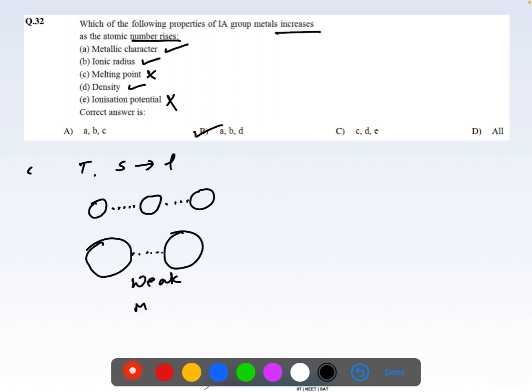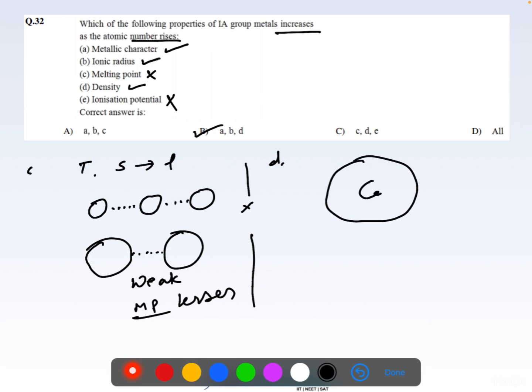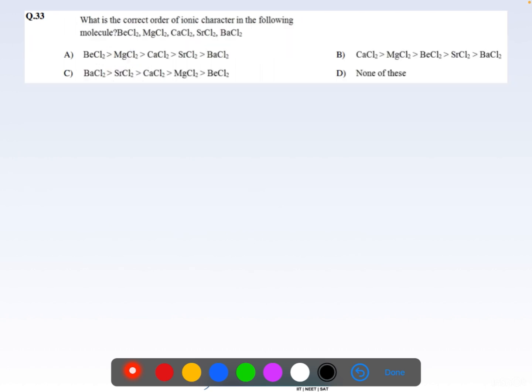Therefore, melting point will be lower. Similarly, for density, option D: down the group, as the size of the nucleus increases, the volume of the atom does not increase proportionately. Therefore, density increases. So the correct option will be option B only.